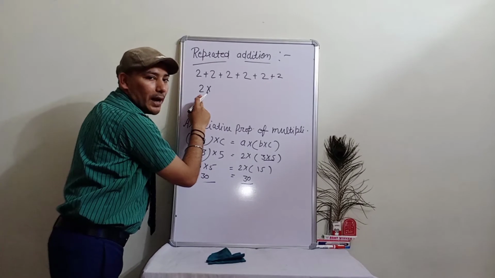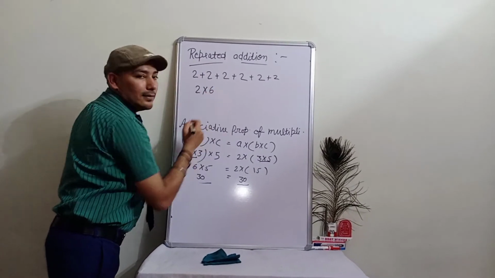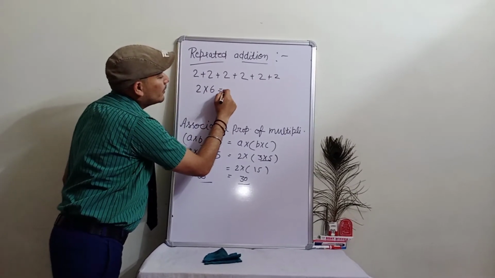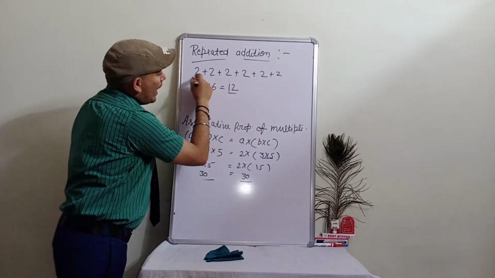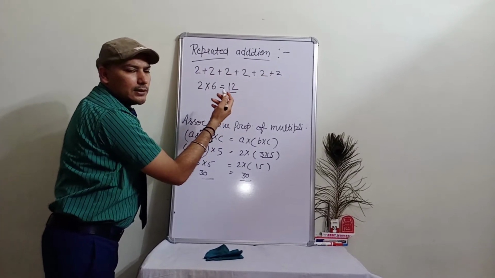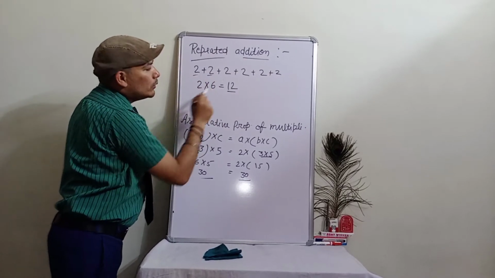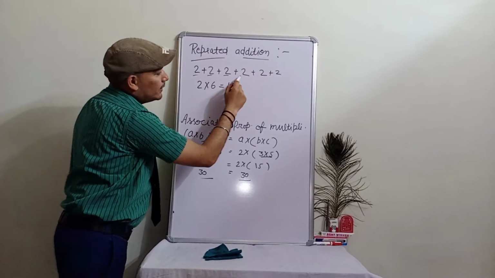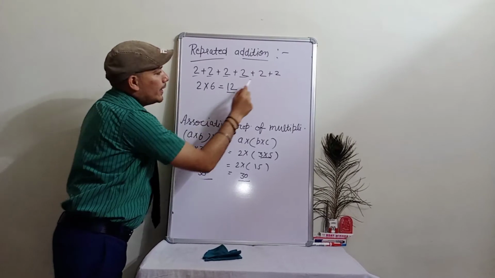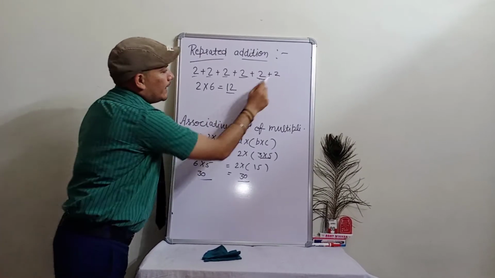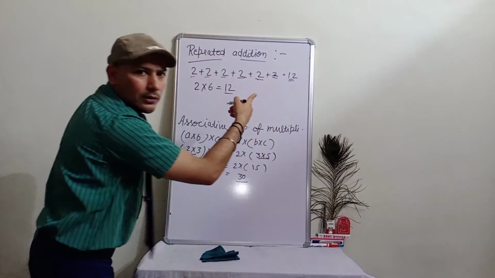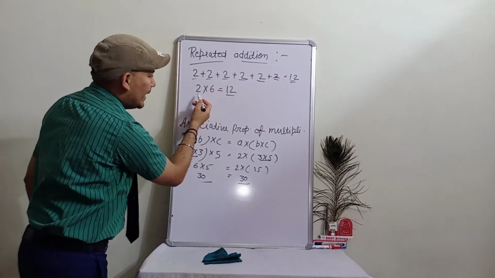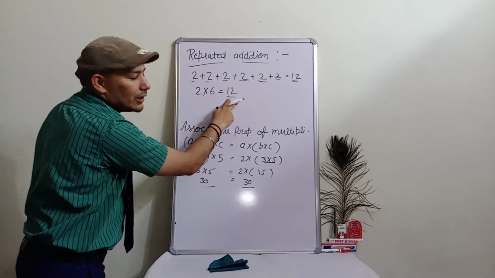So we will multiply 2 by 6. 2 6s are 12. Now add these numbers: 2 and 2 is 4, 4 and 2, 6, 6 and 2, 8, 8 and 2, 10, 10 and 2, 12. 12 will come or not? Yes. So we can find the answer also by 2 into 6 is equal to 12.